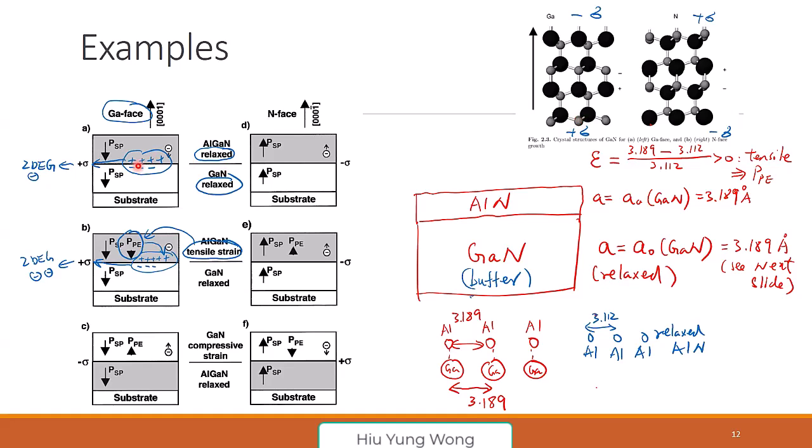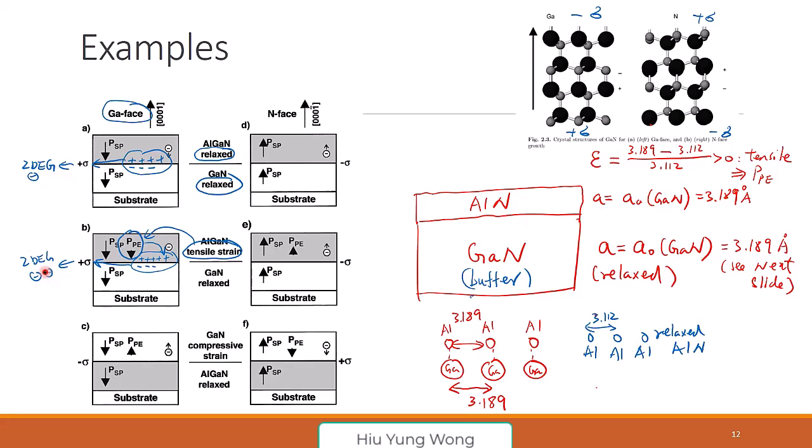Gallium nitride on the top is negative, so I have less. So I have a net positive charge, and it's going to attract 1 electron. Is that okay? Yes, Professor. Then when you go to the B part, you have additional tensile stress. It gives you extra polarization, 1 more plus. So I have 2 electrons. I attract 2 electrons.